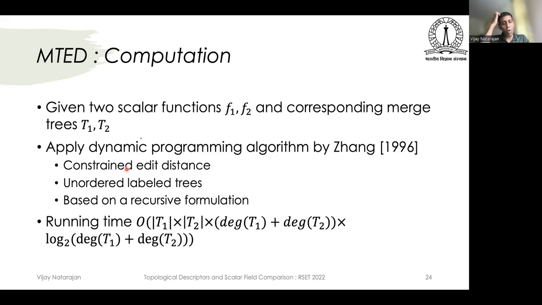Of course, it has to be modified to work for merge trees, but that's a technicality that I will not go over here. The running time of this algorithm is polynomial. It actually depends on the size of the two trees and the degree of the nodes of the trees, which is fairly good. And in practice, the running time is much faster than what you see here, definitely subquadratic.